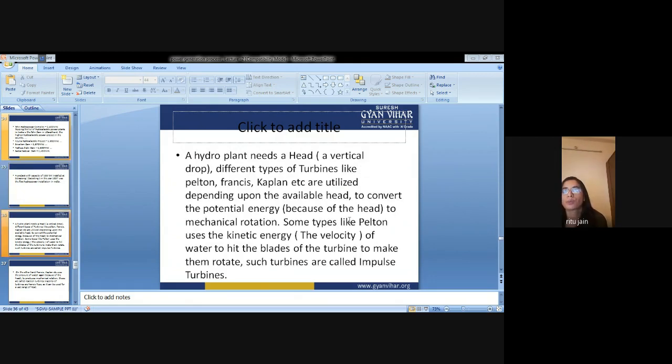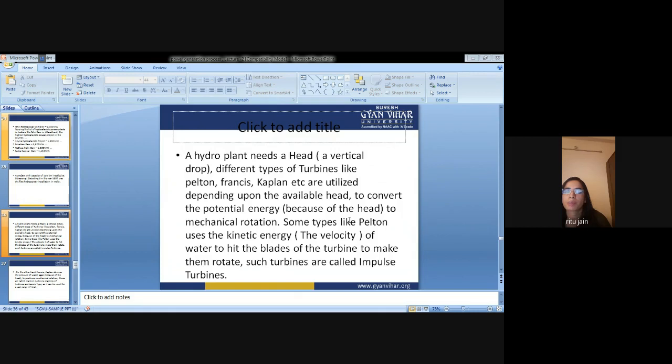A hydro plant needs a head, and different types of turbines like Pelton, Francis, Kaplan, etc. are utilized. We have already discussed that there are different types of turbines used in hydropower plants, and it depends upon the available head, I mean height, to convert the potential energy because of the head to mechanical rotation.